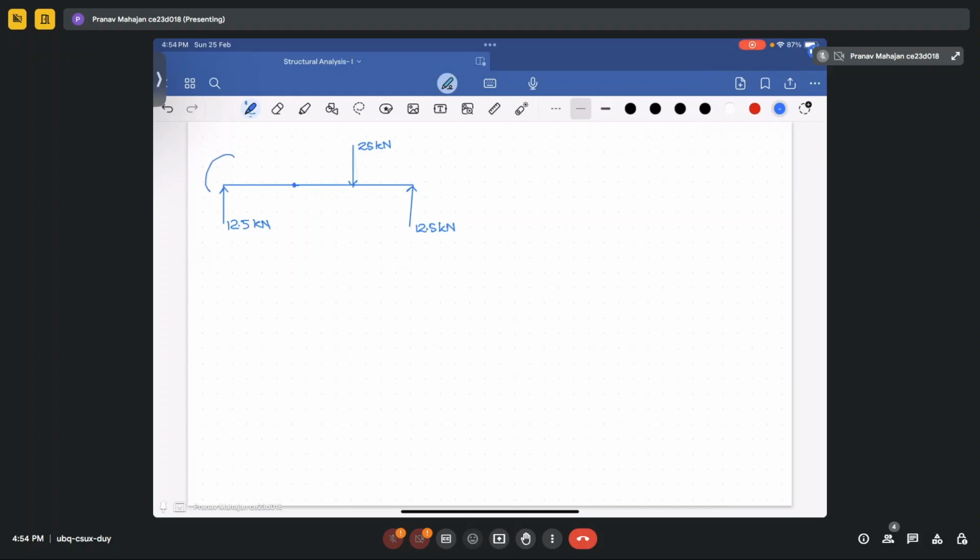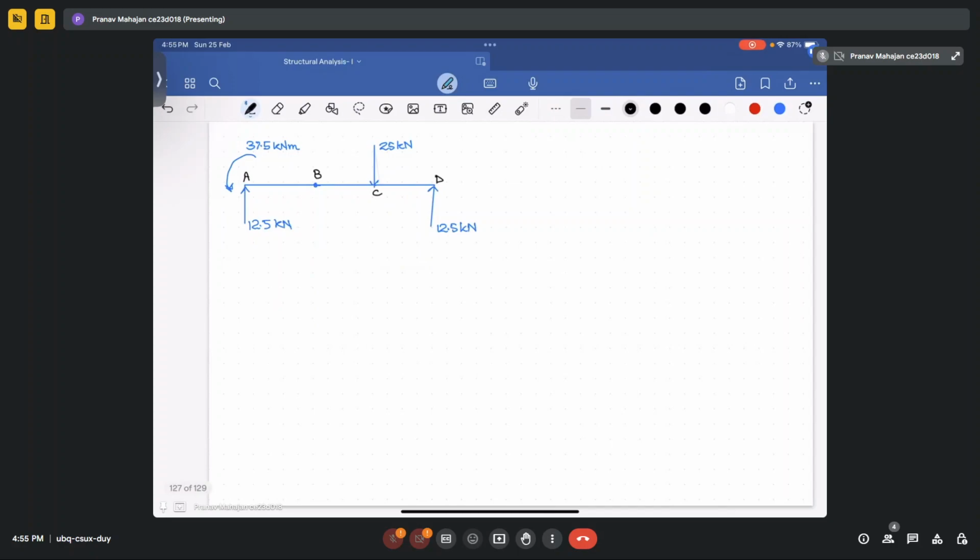Moment is applied having a value of 37.5 kilonewton meter. Okay. So mark the points. This is your point A, point B, point C, point D.